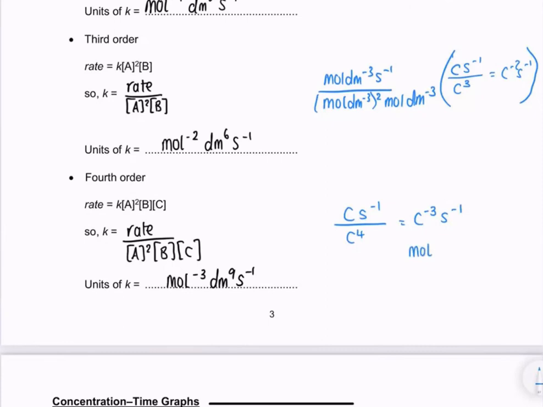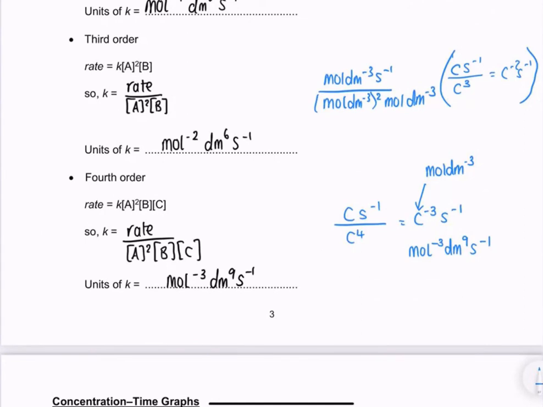So mole to the 1 to the minus 3 is mole to the minus 3. Dm to the minus 3 to the minus 3 is dm to the plus 9. We haven't done anything with the seconds to the minus 1.